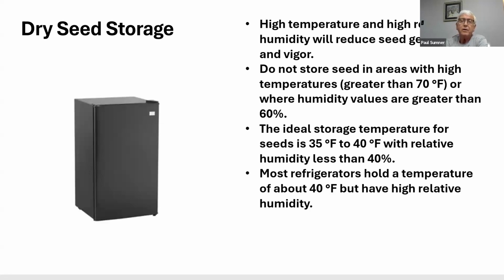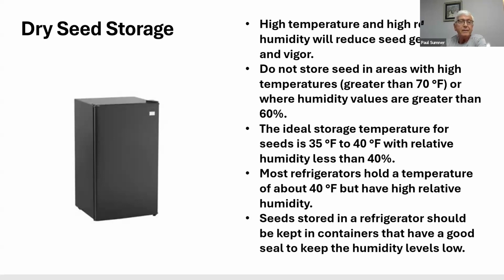Most refrigerators will hold a 40-degree temperature, but may have a high relative humidity. The refrigerators that we use have been keeping our humidity down. And this is where the recommendation is different from what we do: if you store in a refrigerator, seed should be kept in containers that have a good seal to keep the humidity levels low.